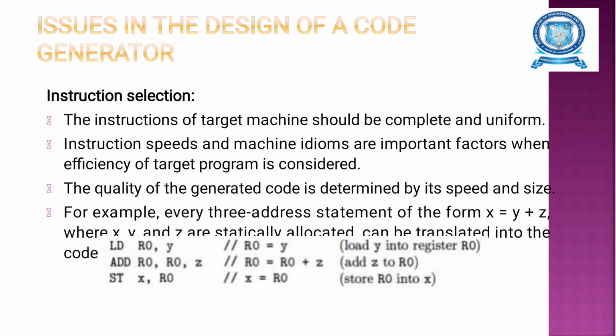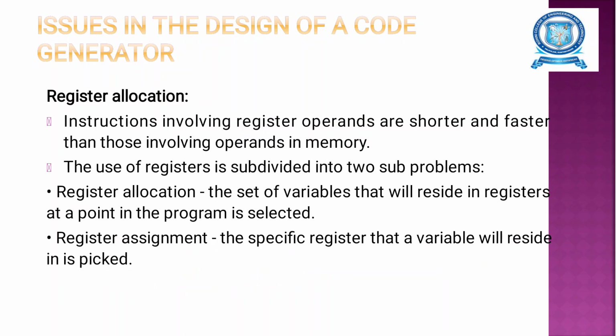For example, consider the statement x = y + z, which can be converted into assembly language using load and store instructions: ld r0, y; add r0, r0, z; st x, r0. This is an efficient instruction sequence.